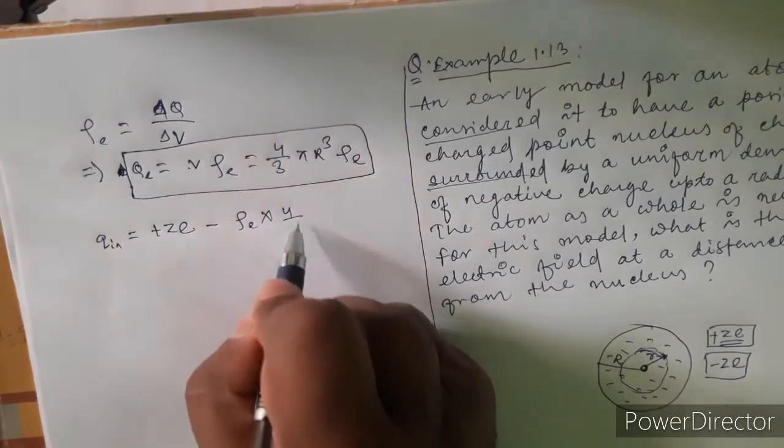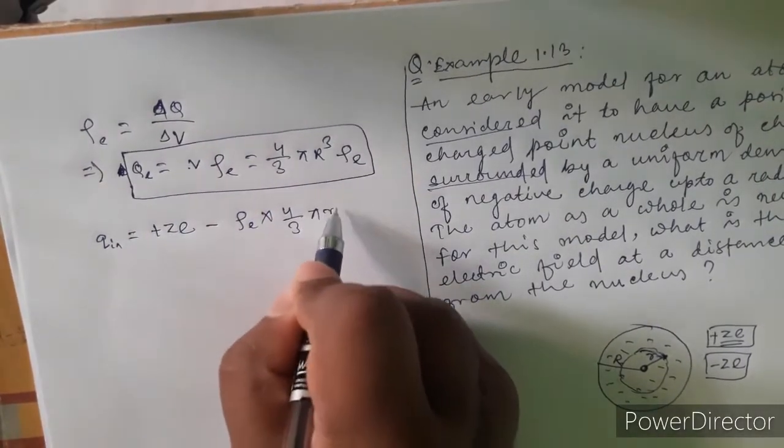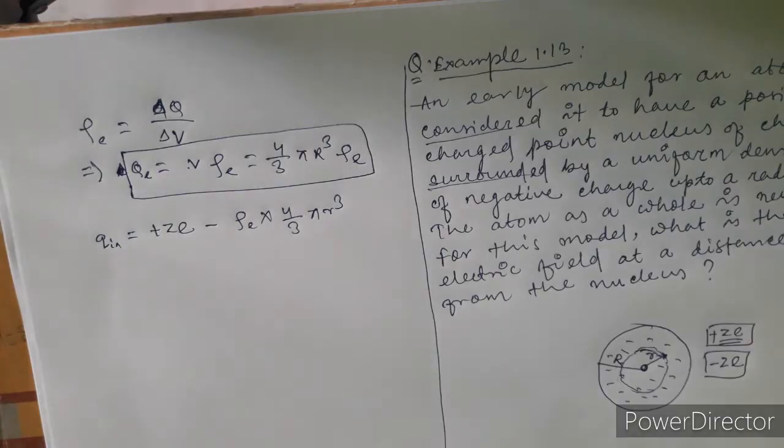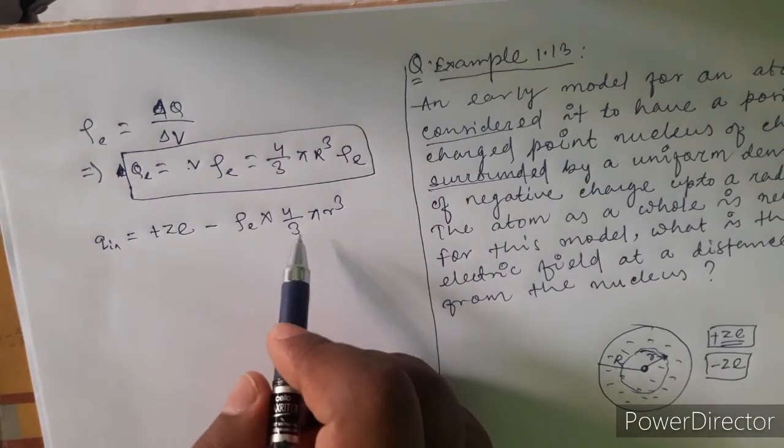The volume is 4 by 3 pi r cube, with small r, density into volume.